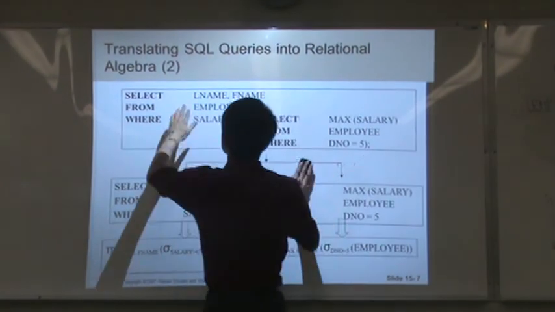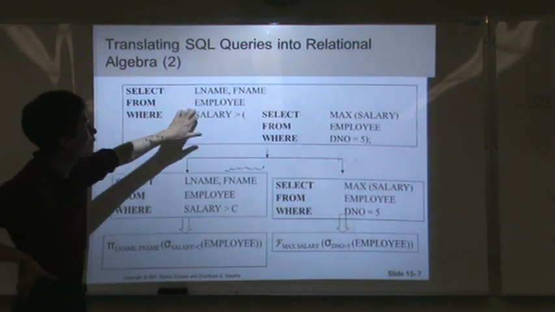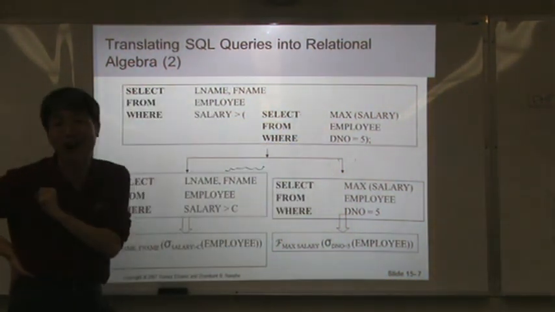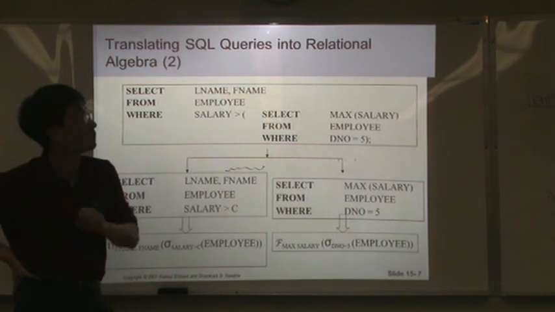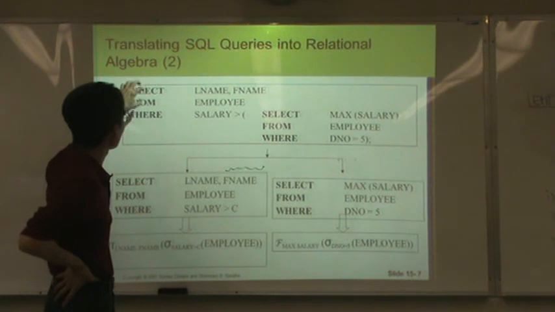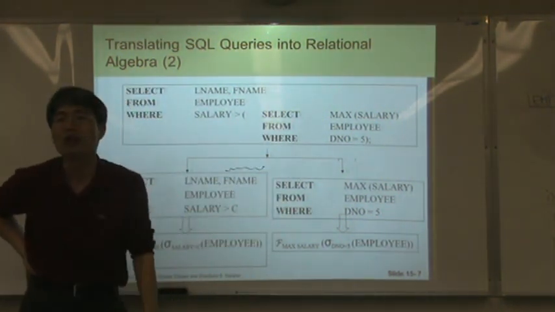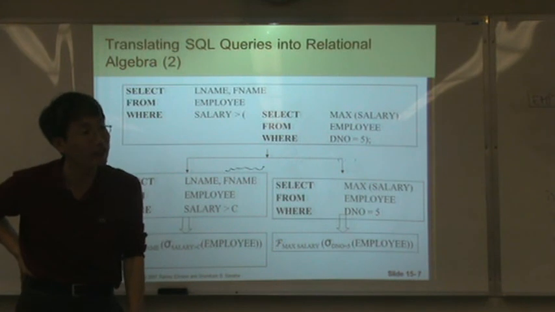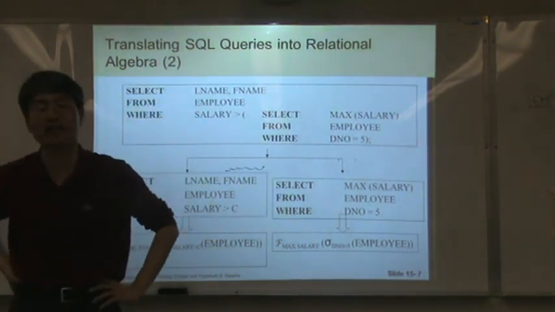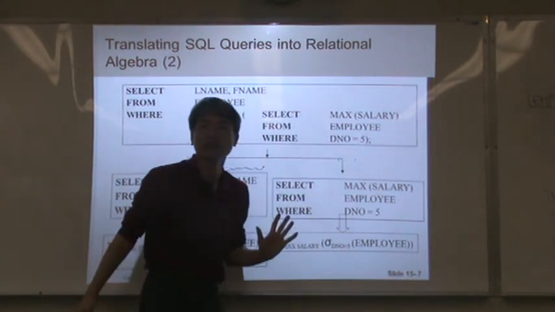Select last name, first name, whose salary is bigger than the maximum salary of department number 5. Okay? There are two query blocks. One is the select from where here. Another one is select from where here. The query optimizer can handle the two blocks, multi-block, at the same time, instead of separating and processing them separately.